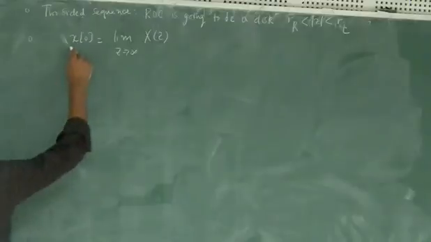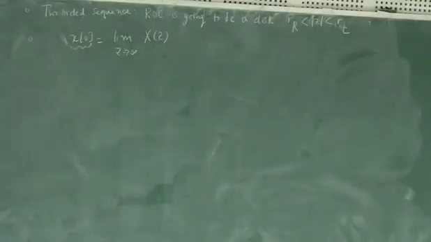Okay. We won't try to prove this now. We'll probably prove this when we go to system analysis. This is the 0th element in the time sequence. I'm just mentioning this here for completeness. Okay.